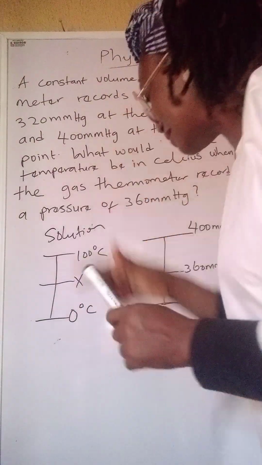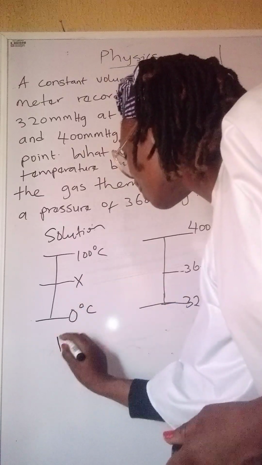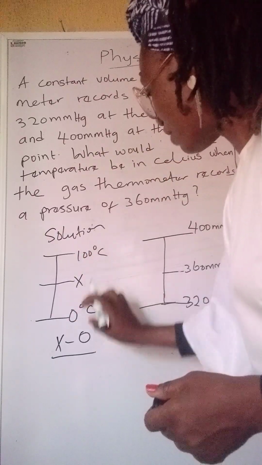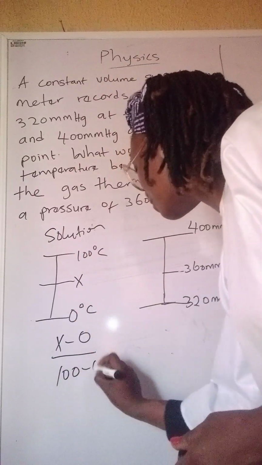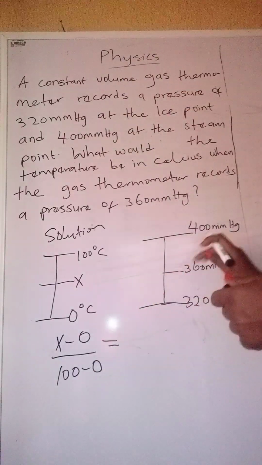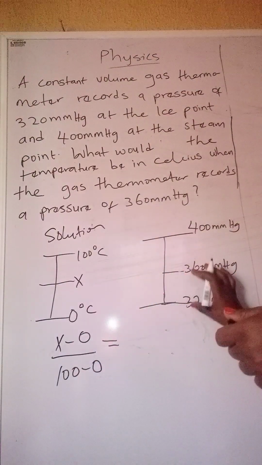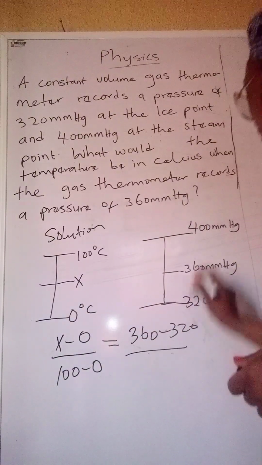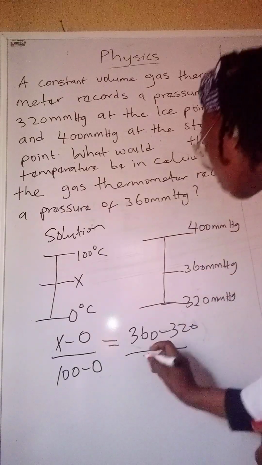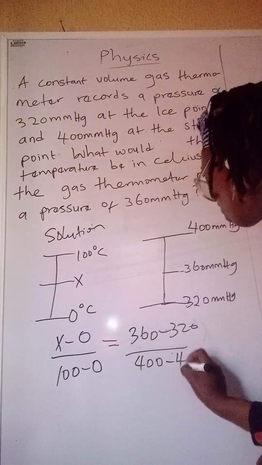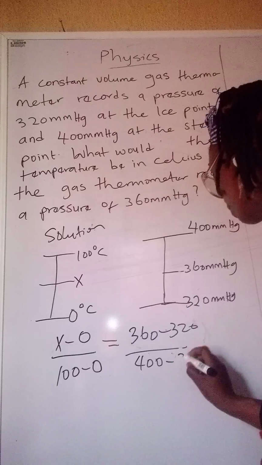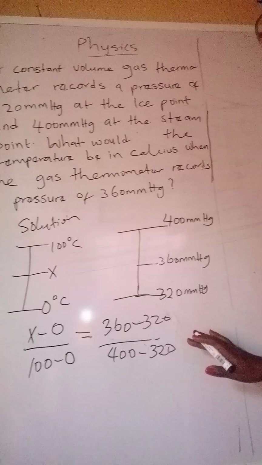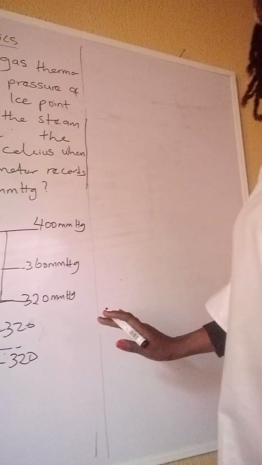The small one here is x minus 0, all over the big one, 100 minus 0, is equal to the smaller gap, 360 minus 320, all over the larger gap, 400 minus 320.